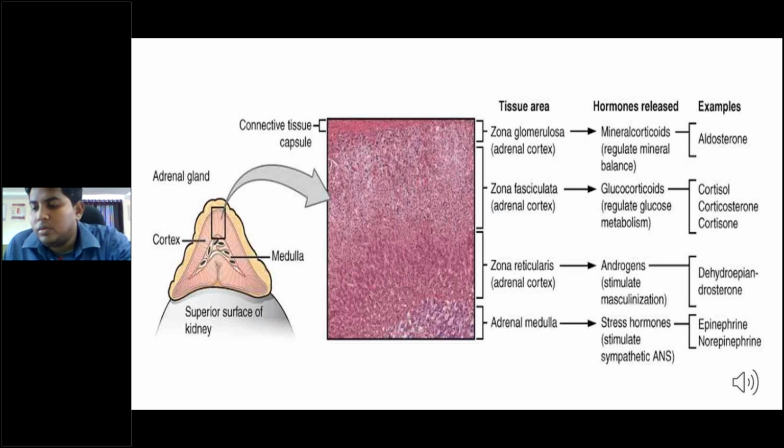Glomerulosa, fasciculata, reticularis, and inside there is the adrenal medulla. The hormones secreted correspond to aldosterone, glucocorticoids like cortisol and corticosterone, and the inner reticularis secretes androgens, dehydroepiandrosterone, DHEA, and the adrenal medulla secretes the stress hormones epinephrine and norepinephrine.